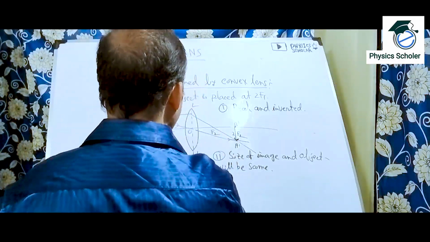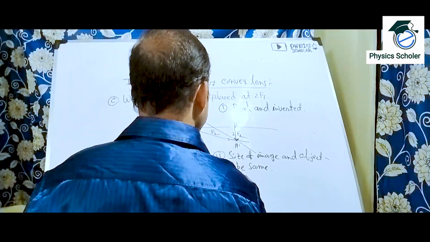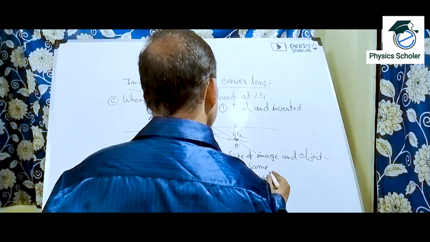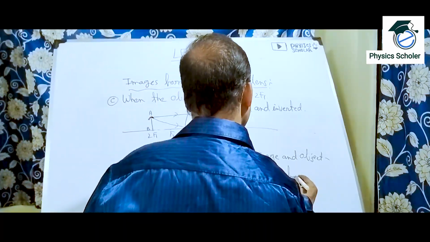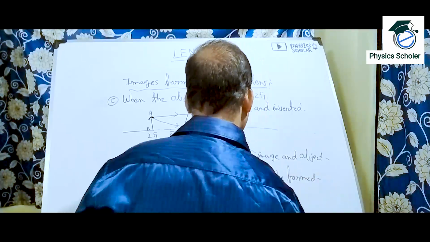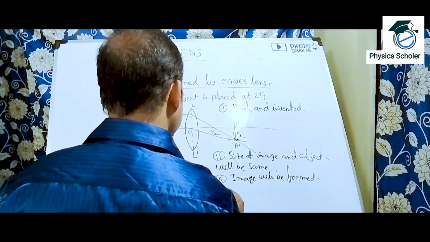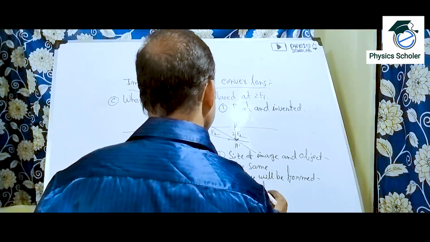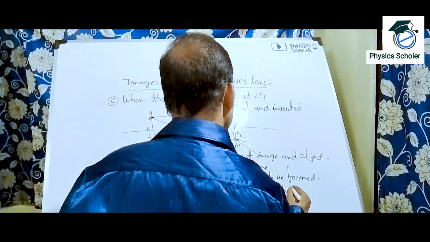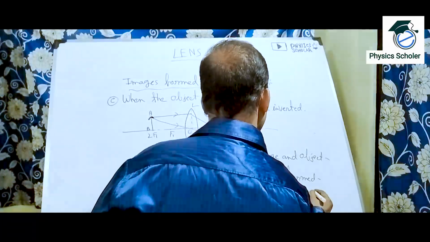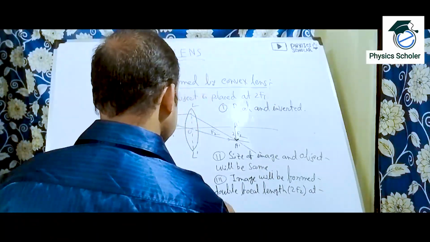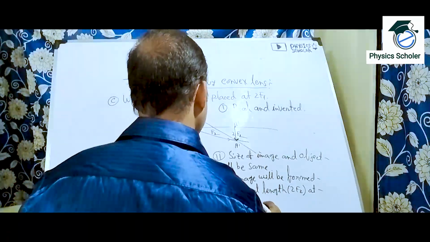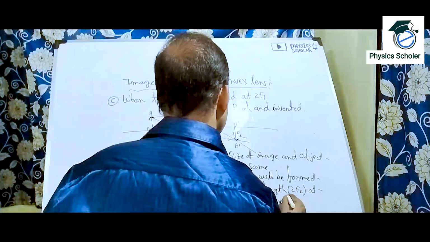And number 3, the position: the image will be formed at double focal length, in bracket 2f2, at the other side of the lens.